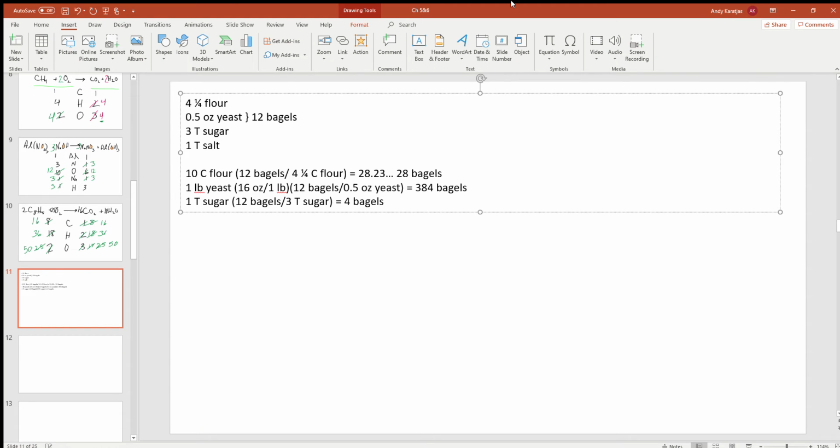So how does this apply to chemical reactions? Well, let's redraw what we had above in another way.